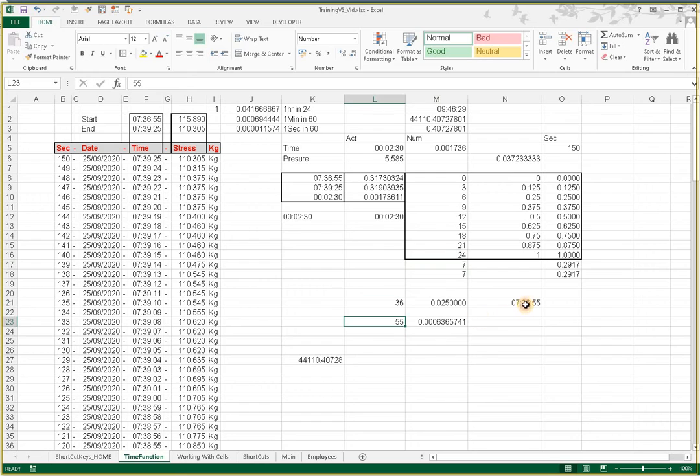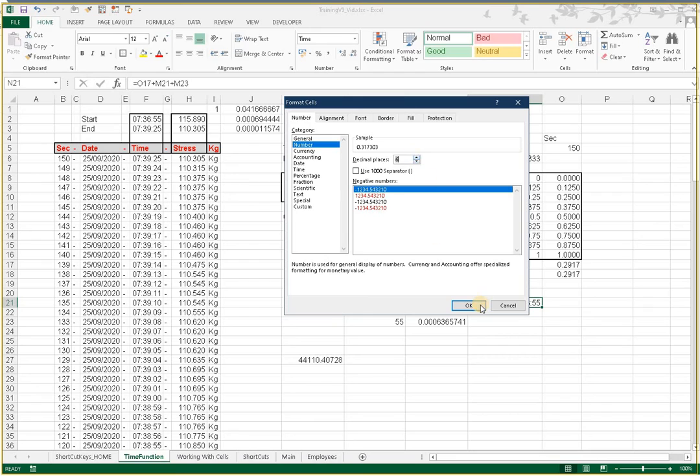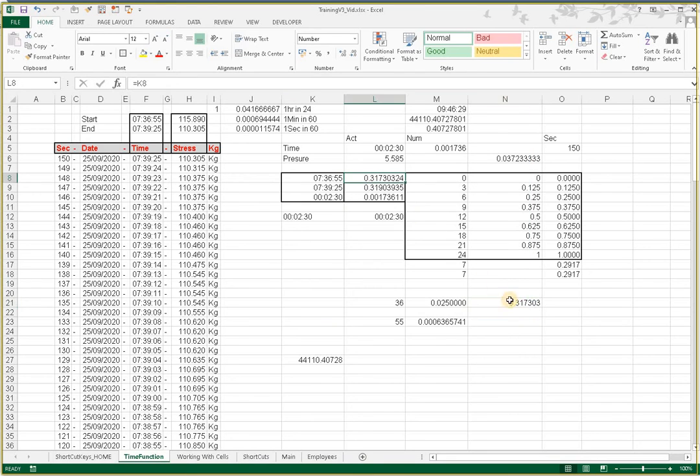Now if I format that into a normal number with a few decimal places, I would get exactly that value. But it is the part of the day. That is the message here: it's not the time. The fraction, as I mentioned, is the part of the day. It's not the actual time.